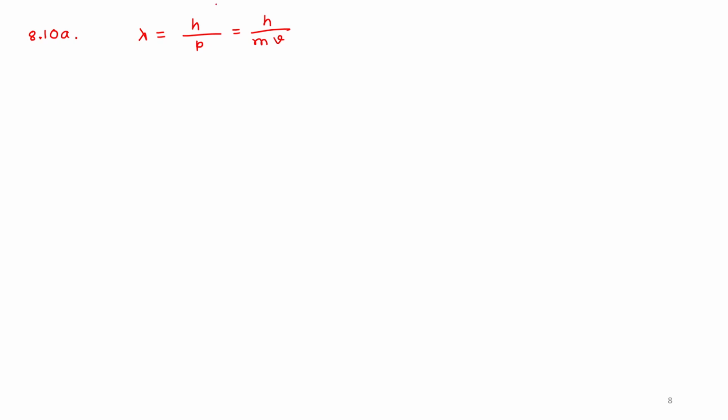So the first mass is 1 gram, which I will convert into kg, and the velocity is 1 centimeter per second, so that means 10 to the power minus 2 meters per second.